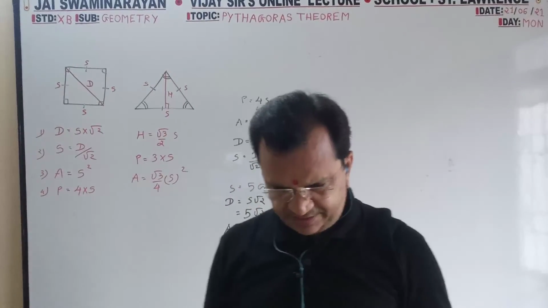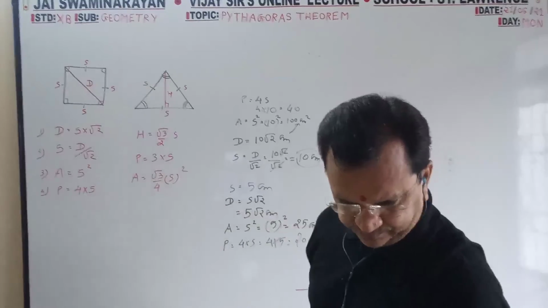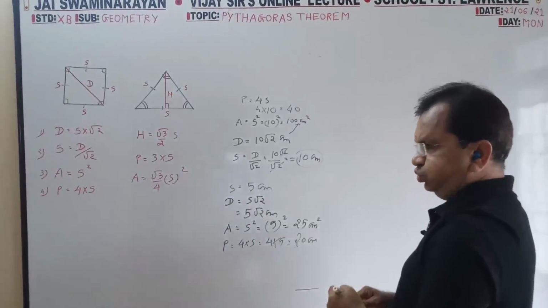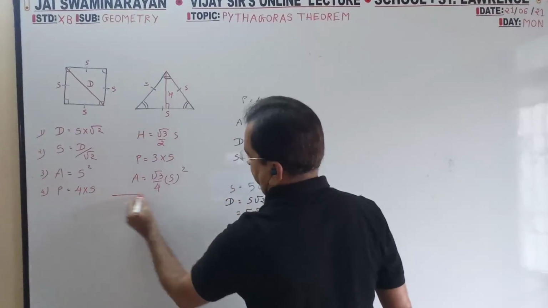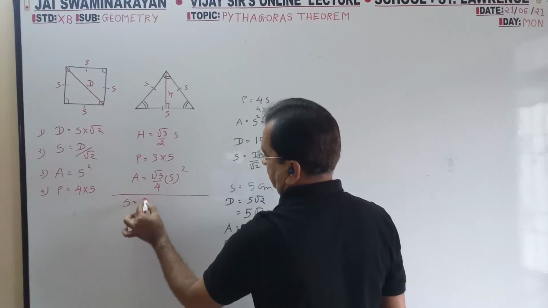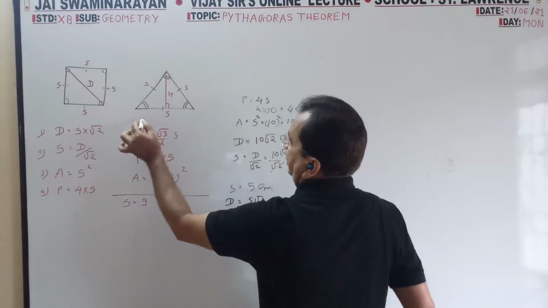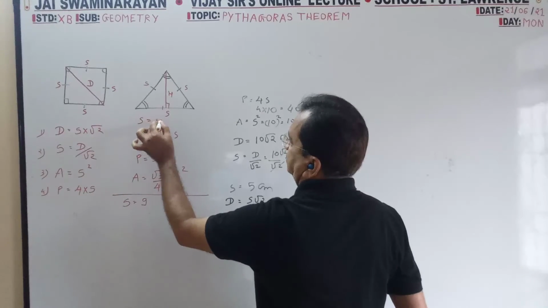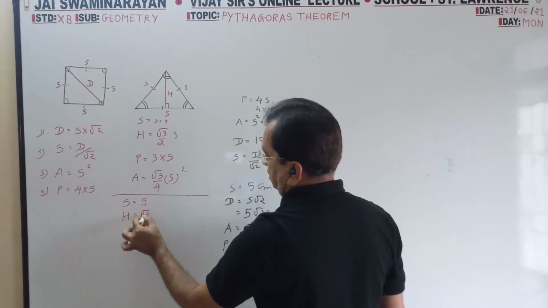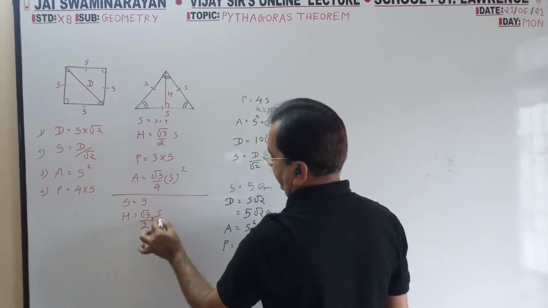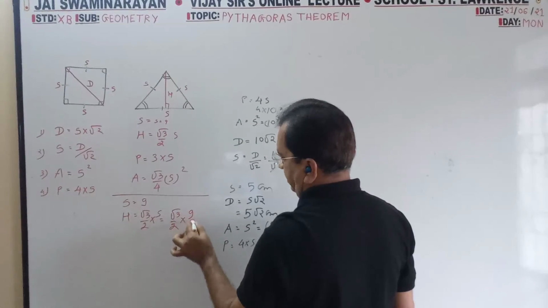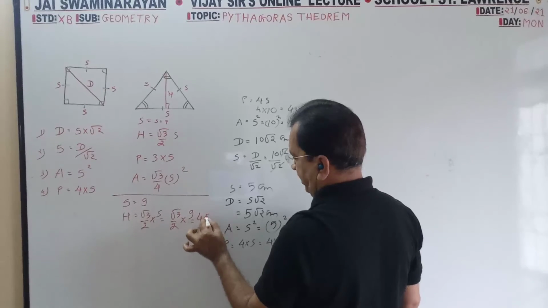In equilateral triangle, suppose side is given 9, S is equal to 9. So height will be root 3 by 2 into side, root 3 by 2 into 9, which is 4.5 root 3.